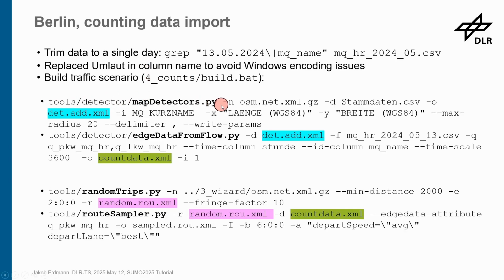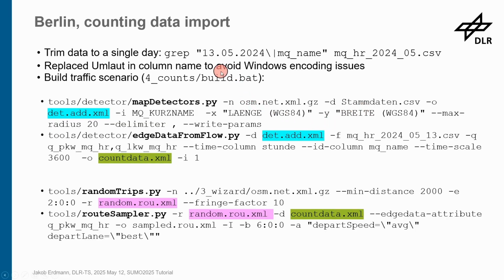We have this mapDetectors tool, which basically looks at longitude, latitude data and places this on a road, looking up the appropriate column names. So Länge and Breite are the German words for longitude and latitude.